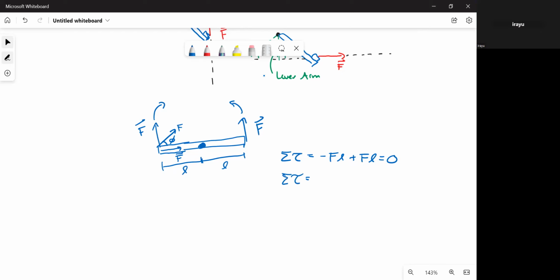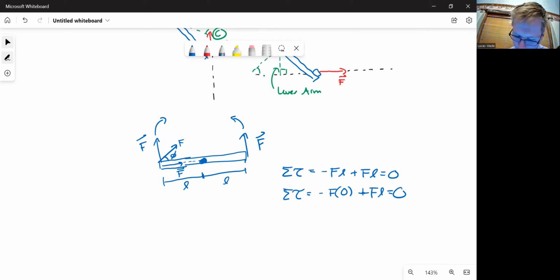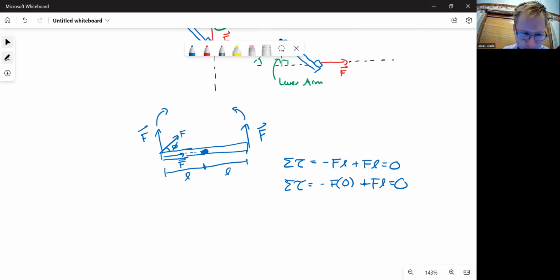Counterclockwise. Yep, it's purely this counterclockwise torque produced by the force on the right, because the force on the left has 0 lever arm. It acts through the axis of rotation. So our calculation would be a clockwise torque times 0 lever arm plus that same counterclockwise torque, not 0, would be FL.